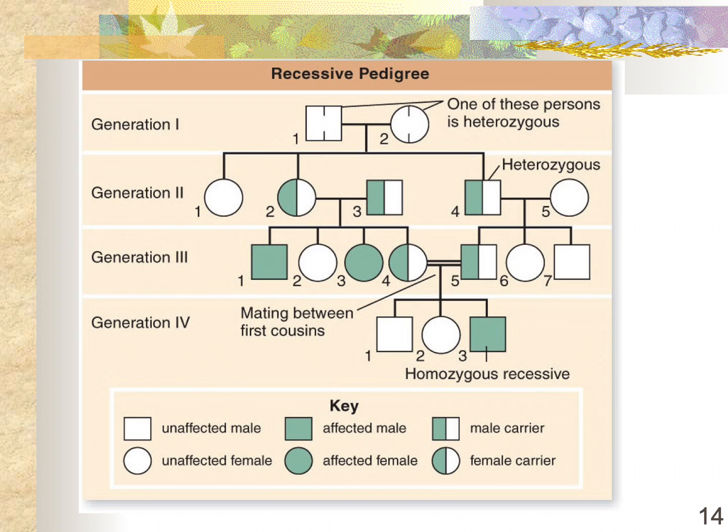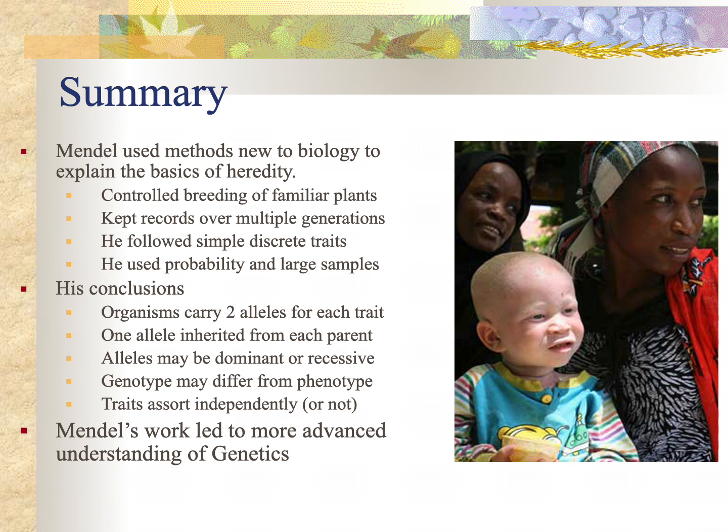Here, in generation 3, we see a carrier marrying another carrier. This is one of the reasons why it's a bad idea to marry your cousins, because if you do carry recessive genes, it's likely to come out when you marry a related individual. And so don't do that. We're going to practice this more in lab.